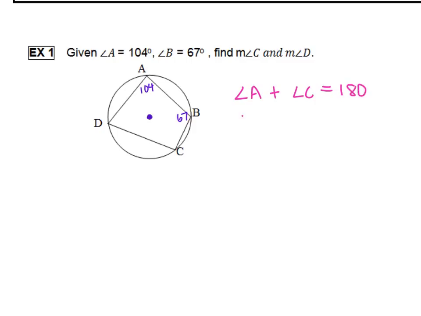We know that angle A is 104. We don't know what angle C is, but we can find it knowing that they should add up to 180. So we'll just subtract 104 from both sides. We get the measure of angle C to be equal to 76 degrees.